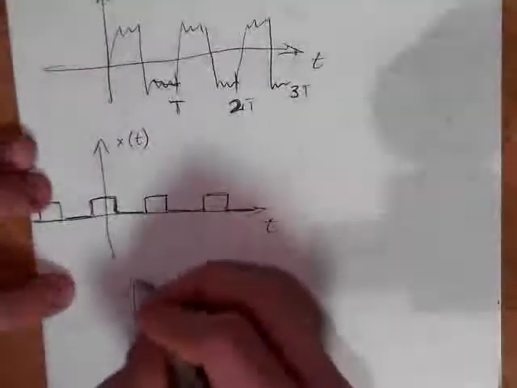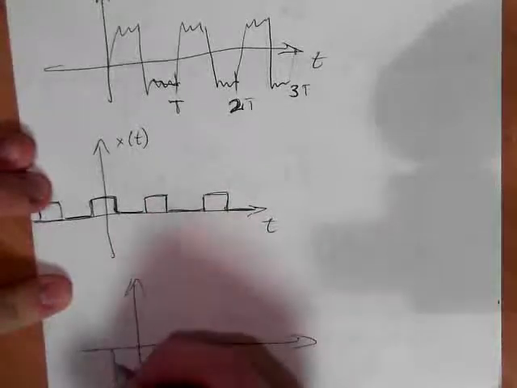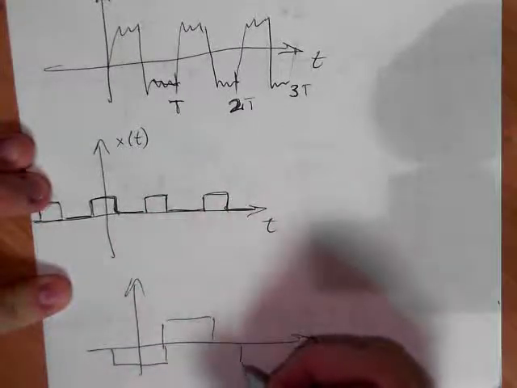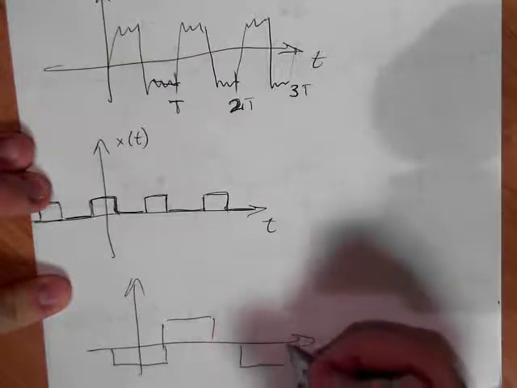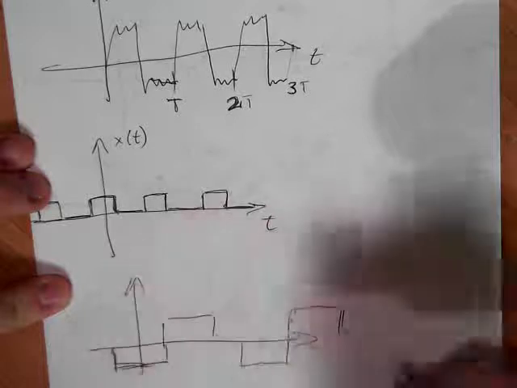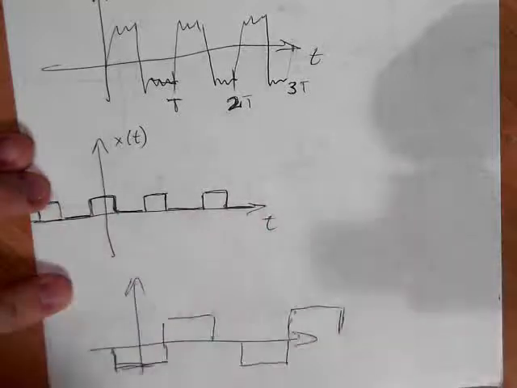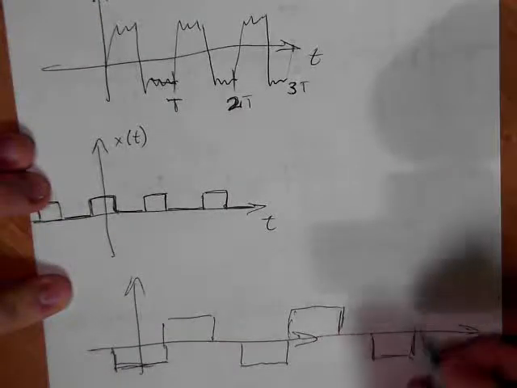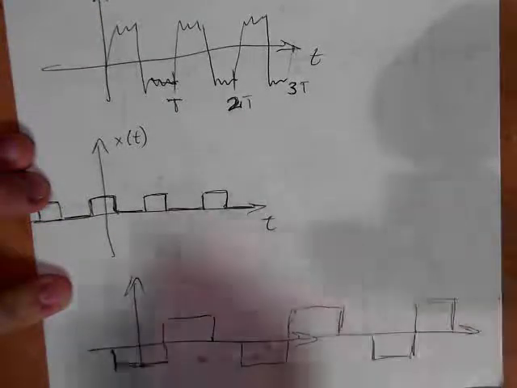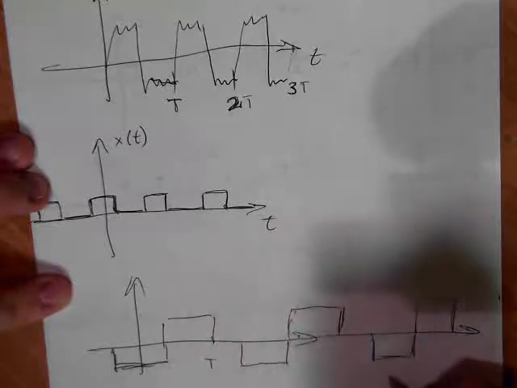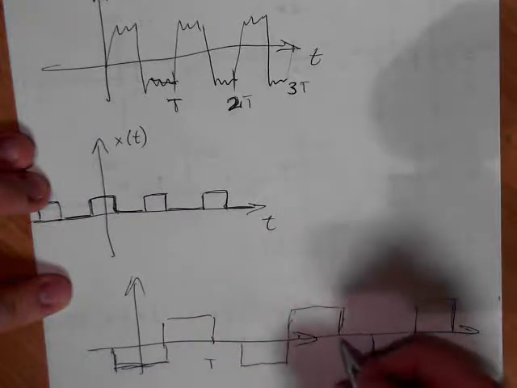Another periodic signal can be similar to this one. We may have a signal like this that is repeating. So it is like this kind of signal, and if we were increasing this, it would be like this kind of signal. So it is repeating also.